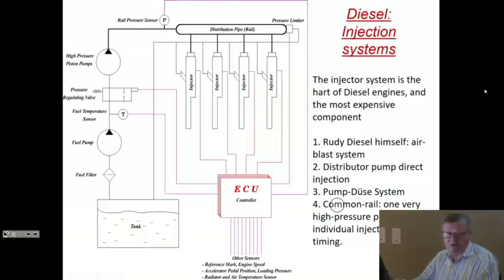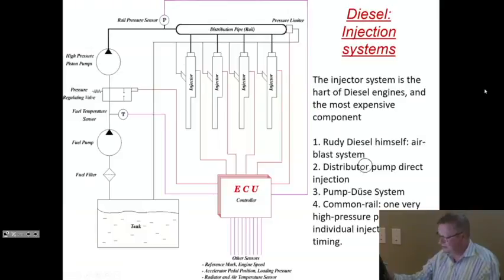But today, many diesels use common rail systems where there is one very high-pressure pump here that takes fuel from the tank and creates a rail that is a reservoir of high-pressure fuel, and the injectors are actually switches that let the high-pressure fuel go from the rail into the pistons, actuated by the engine control unit, the electronic control unit here.